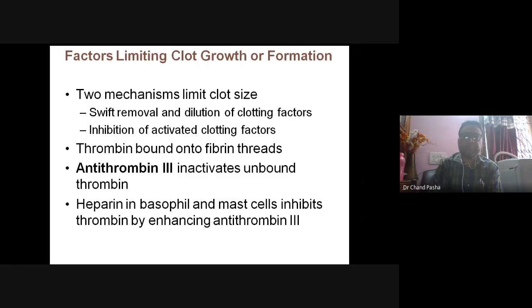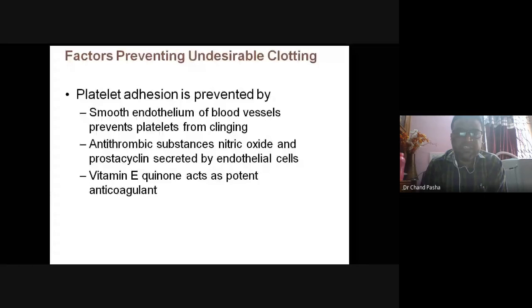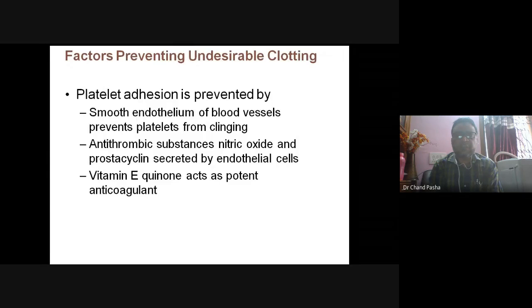Something undesirable in our blood is platelet adhesion, and this is prevented by the smooth endothelial cells of blood vessels. I told you, normally platelet cells as well as endothelial cells both have a negative charge on their surface.